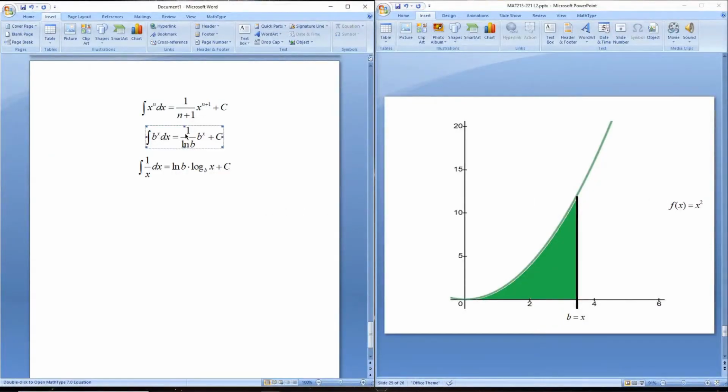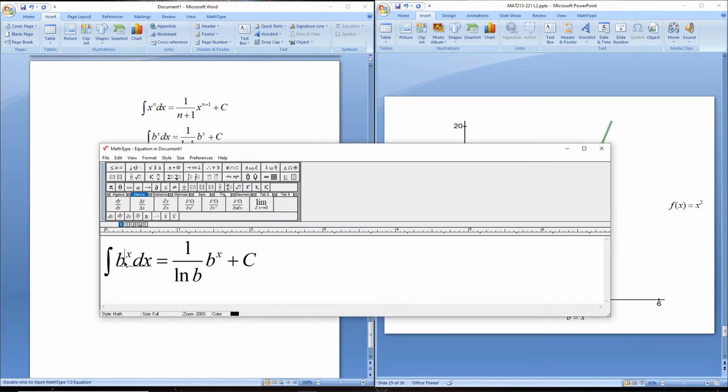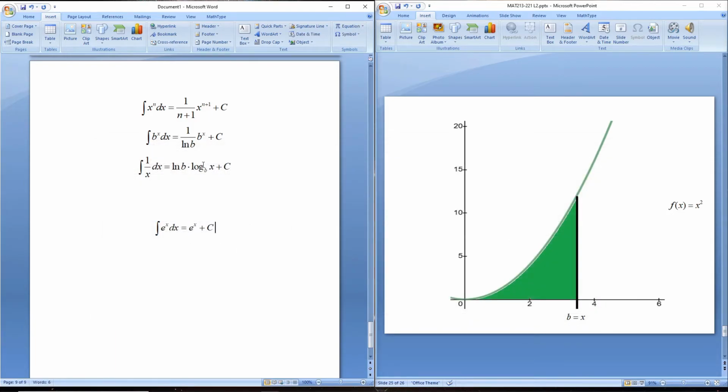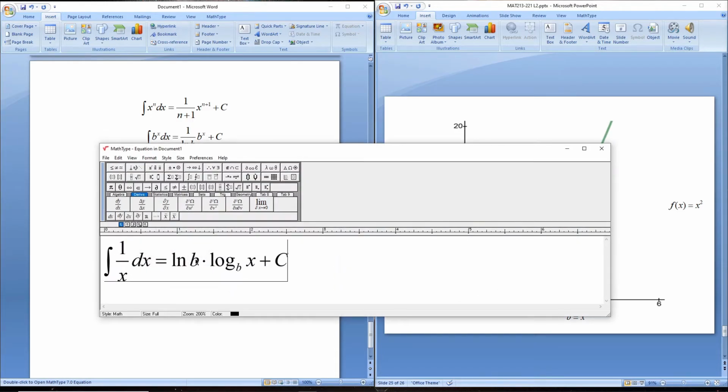Now I do want to quickly point out the special case when you have base e. So if this base is e, remember log e is 1, so this whole thing is away. And the integral of e to the x is e to the x, just like its derivative. And for logarithms, if we do have base e, remember log e is 1, so we can actually get rid of all that.